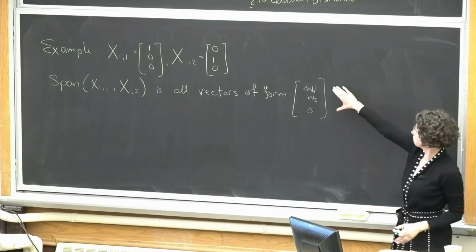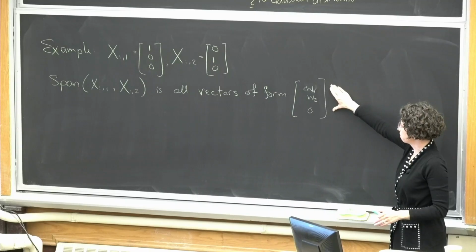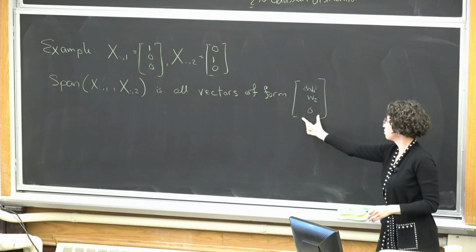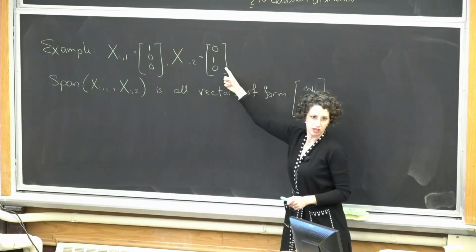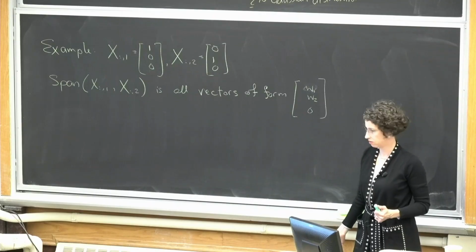So any vector that looks like this for any set of weights W1 and W2 is in the span of these two vectors, because I can write this vector here as a weighted sum of these two vectors. Make sense?